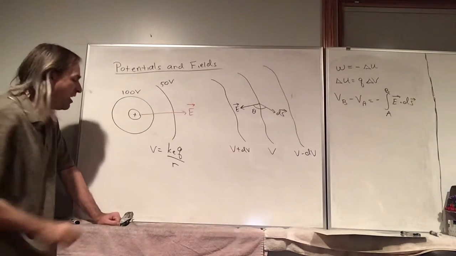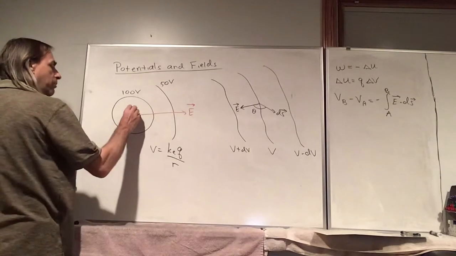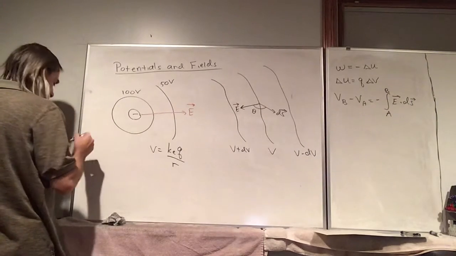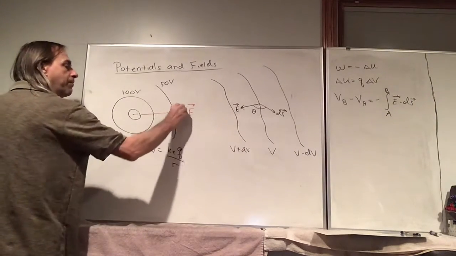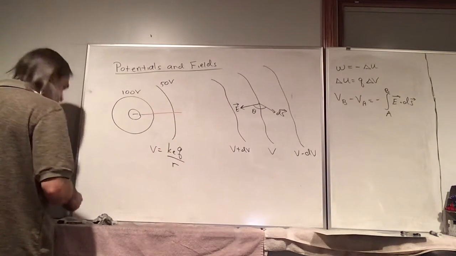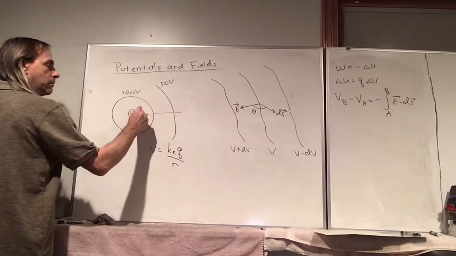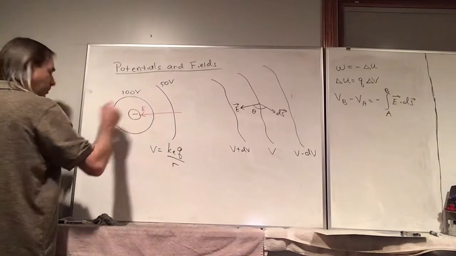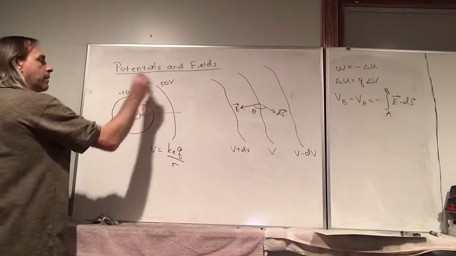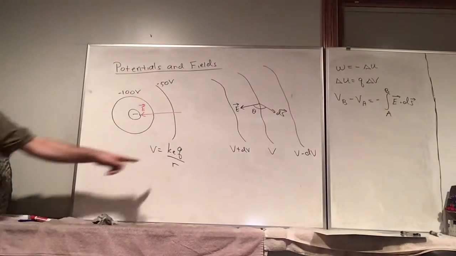Now, what if we replace this with a negative charge? So a few things happen here. One is our electric field line reverses direction. So that's our electric field. And the signs, of course, are different because Q is different.